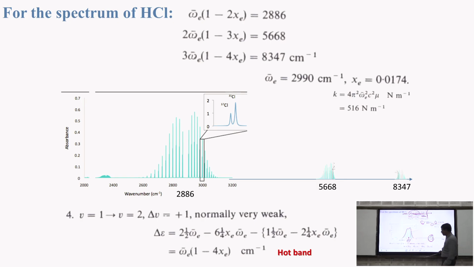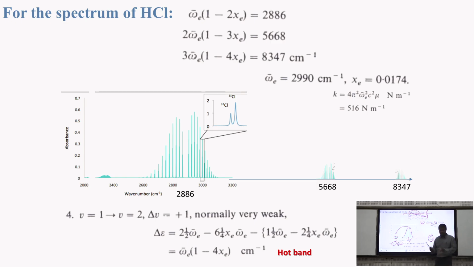Another scenario: if you experimentally observe a weak band before the fundamental band, then what is the reason? The reason may be that some amount of population from V is equal to 1 gets transited to V is equal to 2.